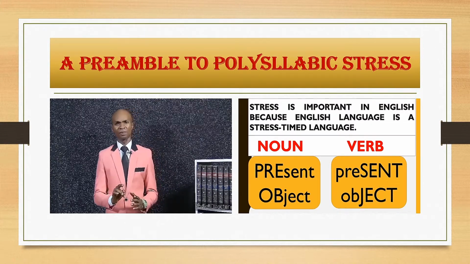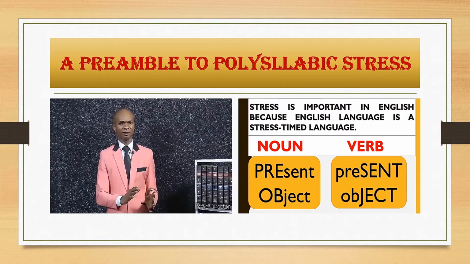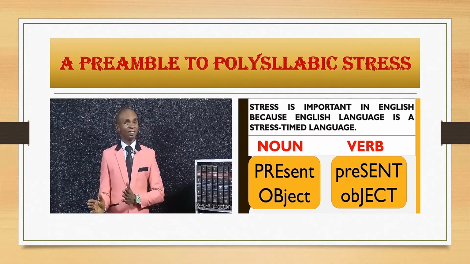For example, the word present and present are 2 different words. One is a verb, the other is a noun. Present, a noun. Present, a verb. The spelling is the same, but they have different pronunciations and different meanings.